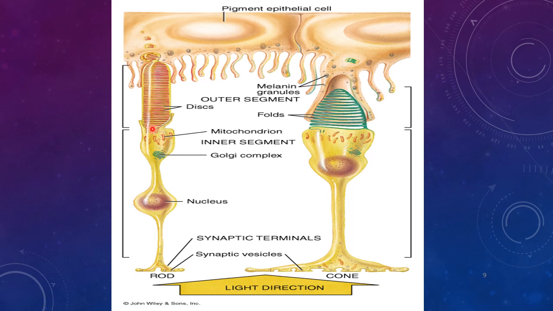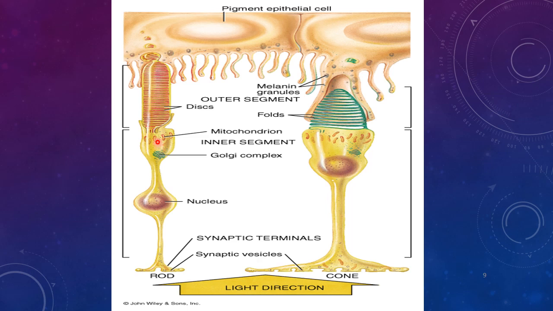So this outer segment is connected to the inner segment through a narrow connecting stalk, and in this connecting stalk is a modified cilium, which has the structure of 9 peripheral doublets of microtubules, and one basal body that is located in the inner segment of the rod.